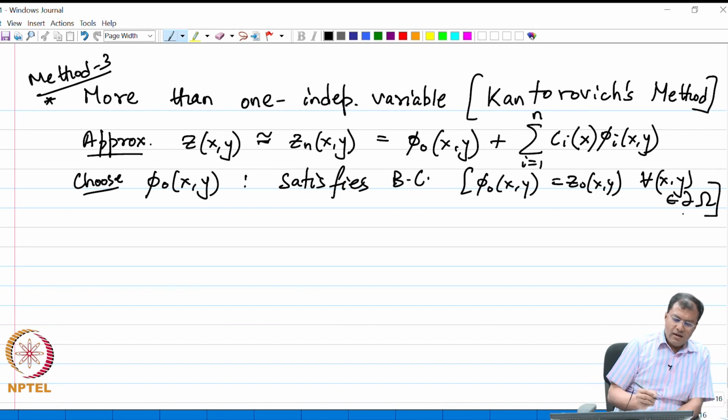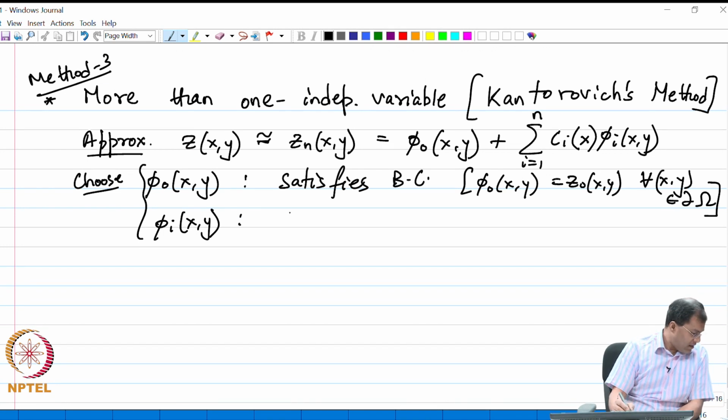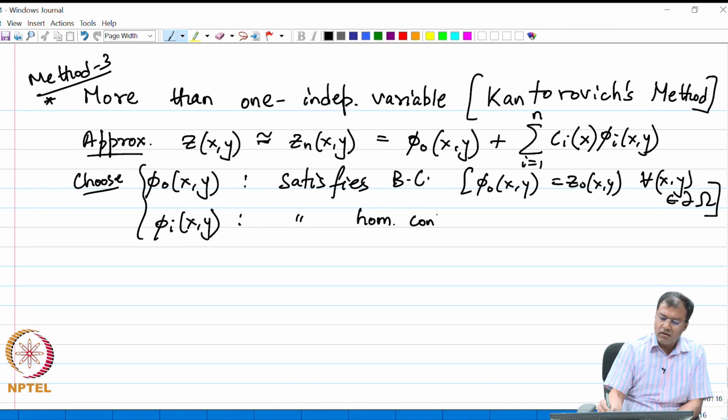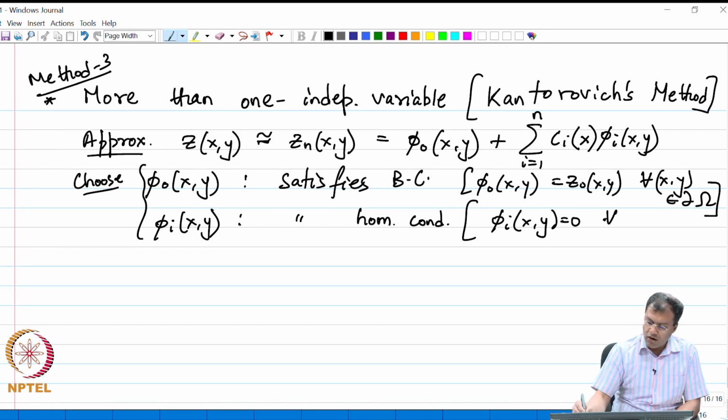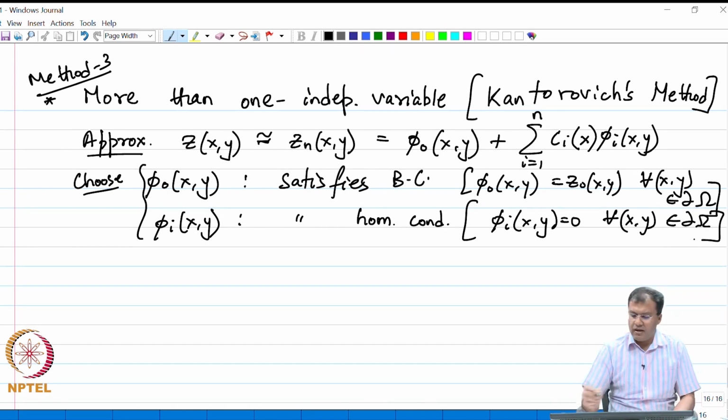And I choose my phi_i's of x comma y such that they satisfy the homogeneous condition, that is phi_i of x comma y is equal to 0 for all x and y on the boundary as well, so it vanishes on the boundary.